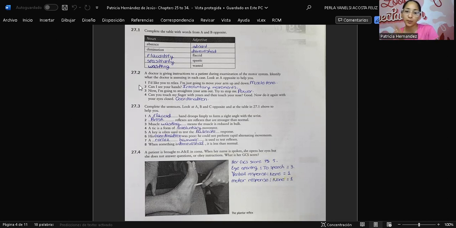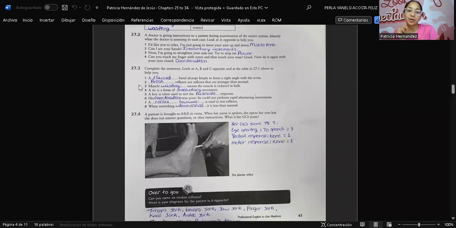That's involuntary movements. Now I'm going to straighten your arm out. Try to stop it. That's power. And number 4, can you touch my finger with yours and then touch your nose? Good. Now do it again with your eyes closed. That's coordination.